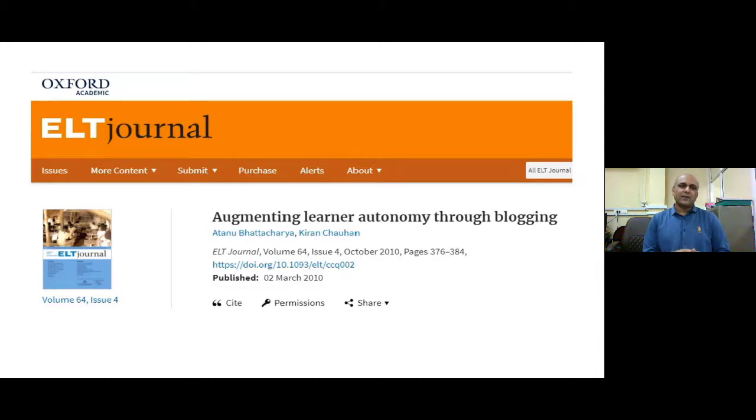This is an interesting paper by Professor Atanu Bhattacharya and Kiran Chauhan. Professor Atanu Bhattacharya is scheduled to speak tomorrow, and he's a friend, philosopher, and a guide. Kiran Chauhan is a close friend. This paper has been cited by a good number of people, a good paper, and I've kept these papers for you.